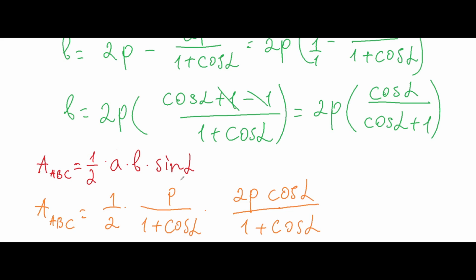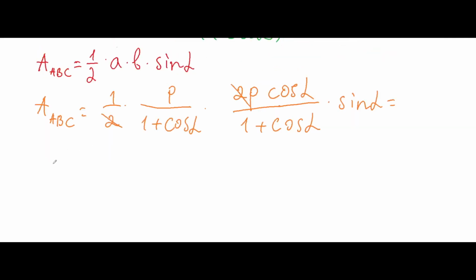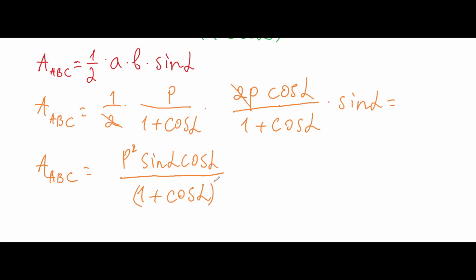And at the end, we'll have the sine alpha. We can cancel 2 and 2, and we get that the area of ABC will be equal to P squared times sine alpha times cosine alpha over (1 plus cosine alpha) squared.